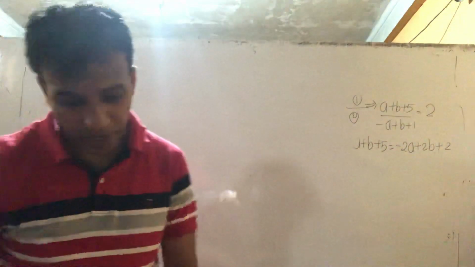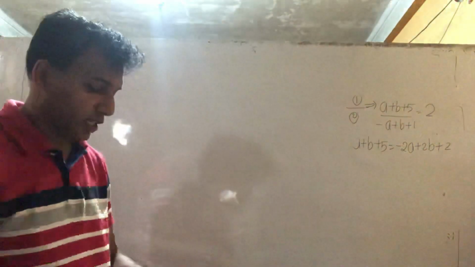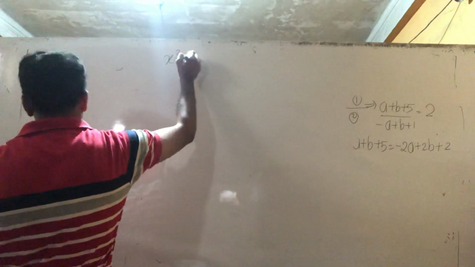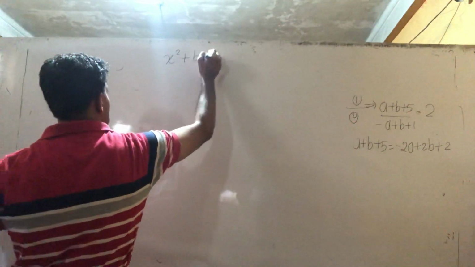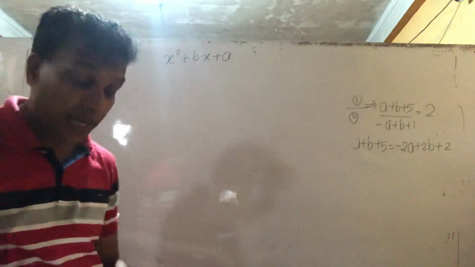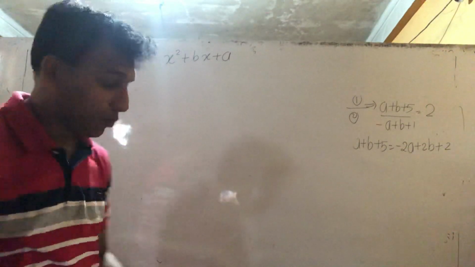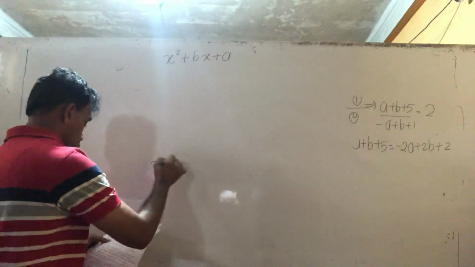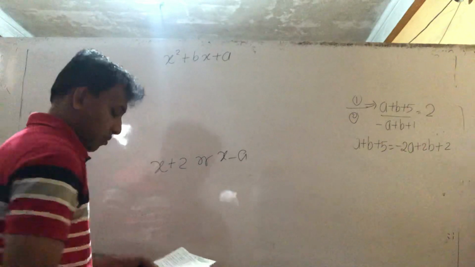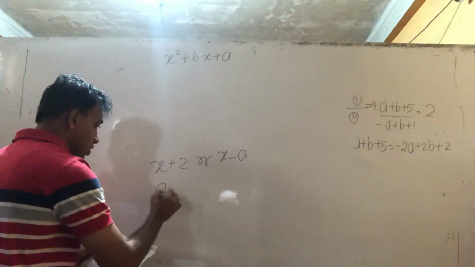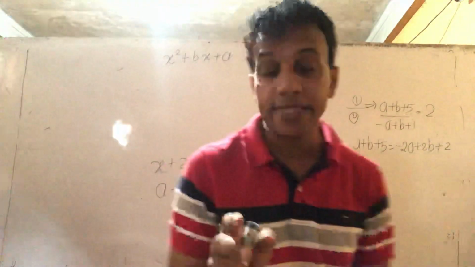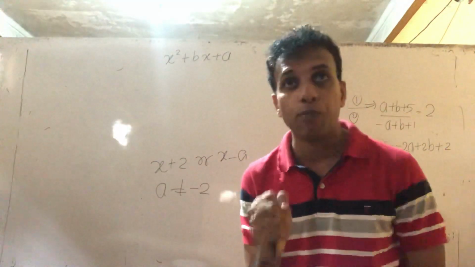Question number 10 was that the expression x square plus bx plus a leaves the same remainder when divided by x plus 2 or x minus a, where they say a not equal to minus 2. So not like O-level, dear students, in advanced every condition is important, right?